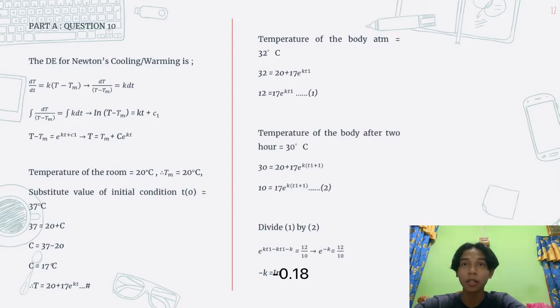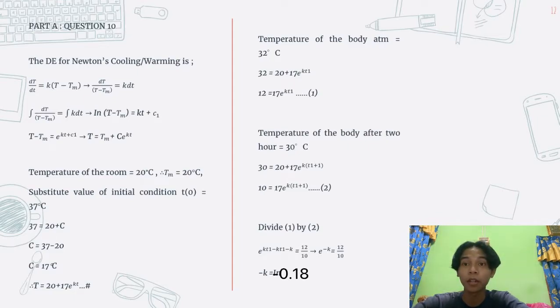The next step is to use the equation to insert the temperature of the body at the moment, which is 32 degrees Celsius. Therefore, after substituting the given information, we will get 12 equals 17e to the power of kt1 as the first equation.